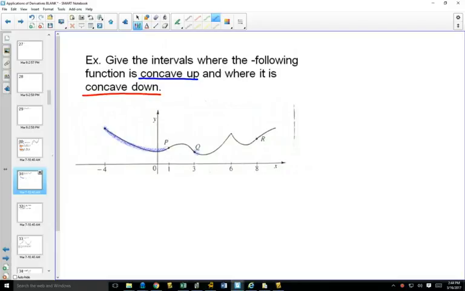And then from here to here, it's concave up. From here to here, it's concave up. And then concave down would be this section and that section. Make some happy and sad faces. There we go.